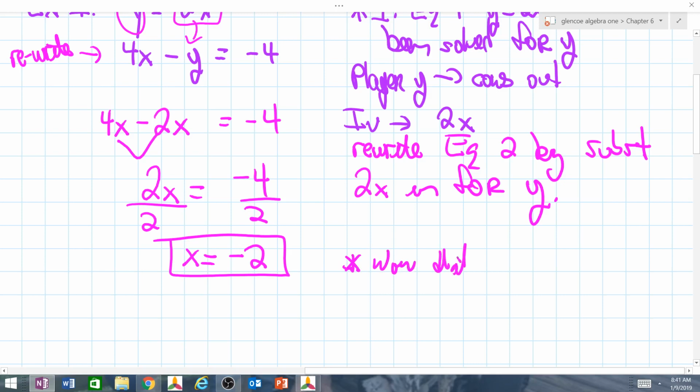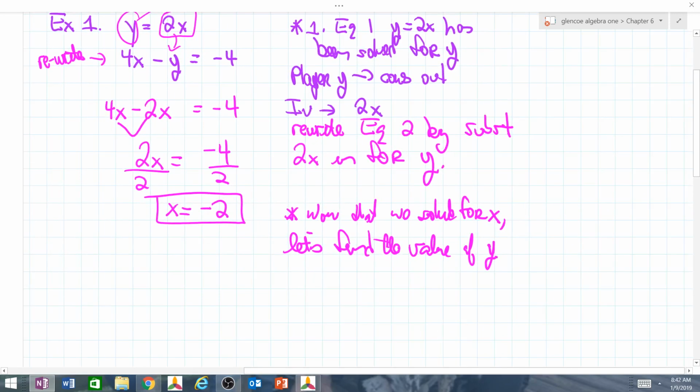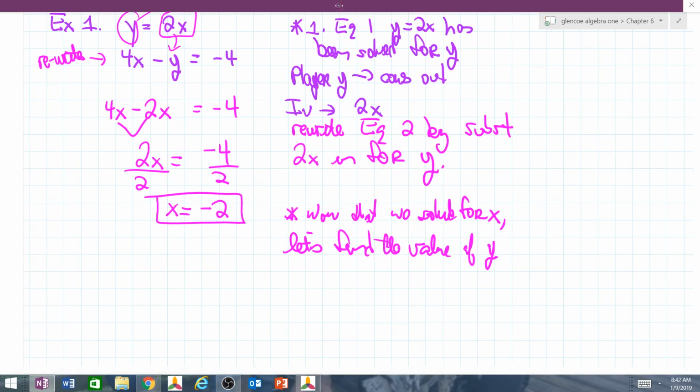Now that we solved for x, let's find the value of y. Anybody have a good idea? How can we find y?